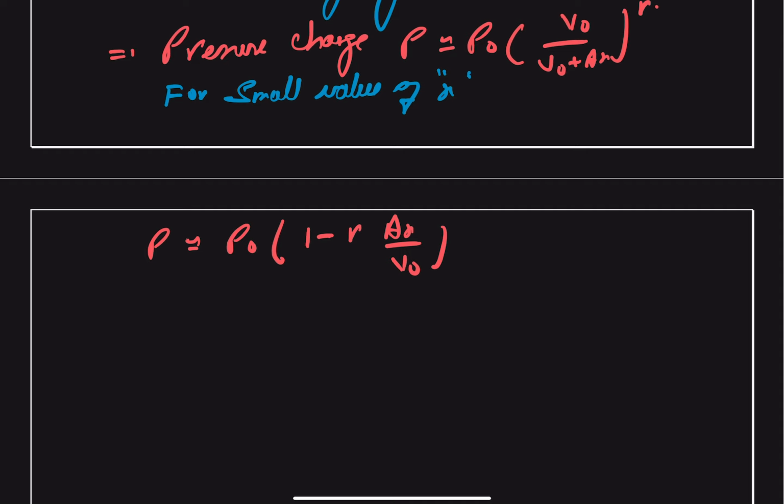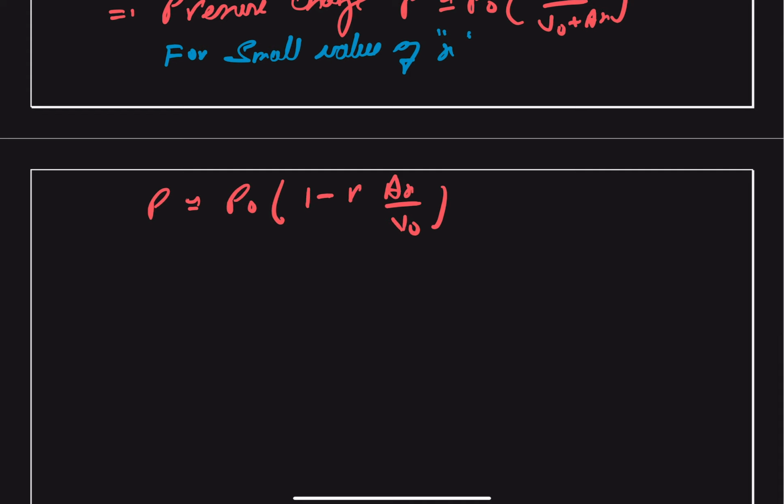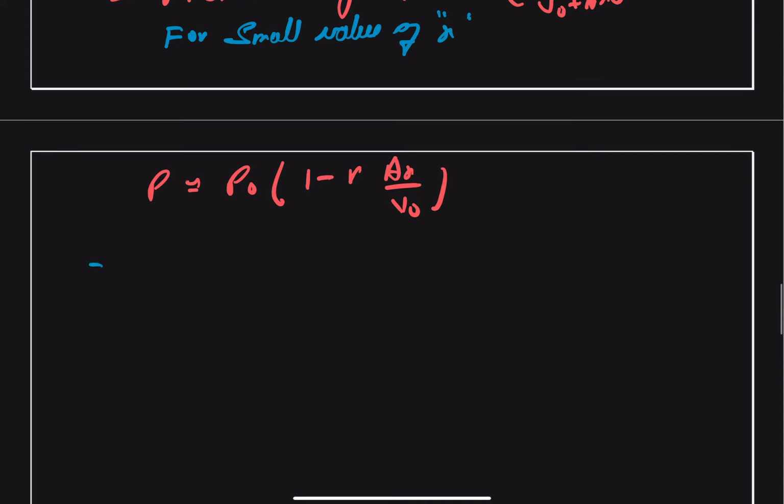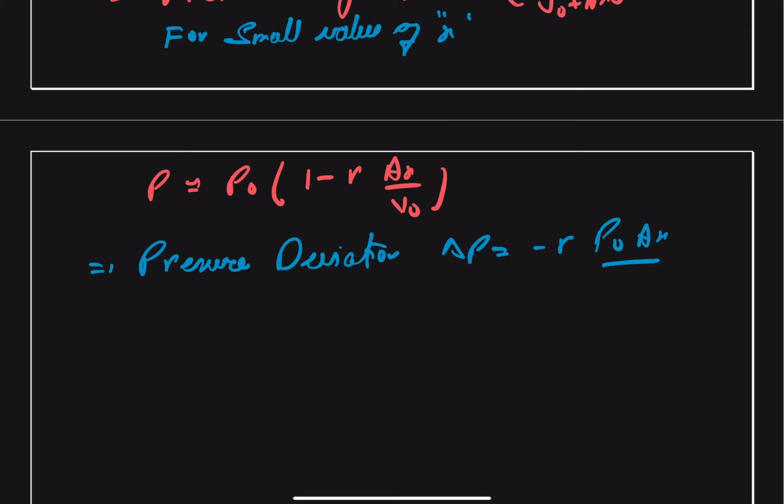Therefore, the pressure deviation, which we can represent as delta P, will be equal to minus gamma P naught Ax divided by V naught.